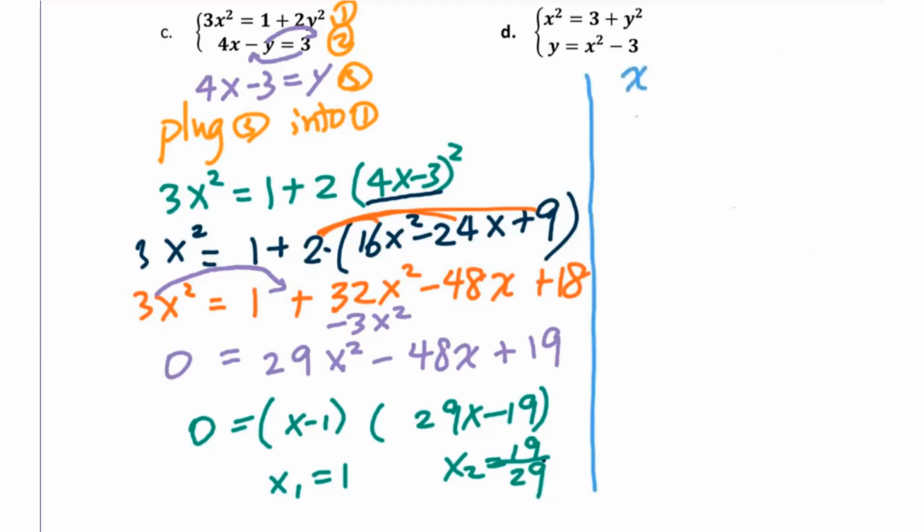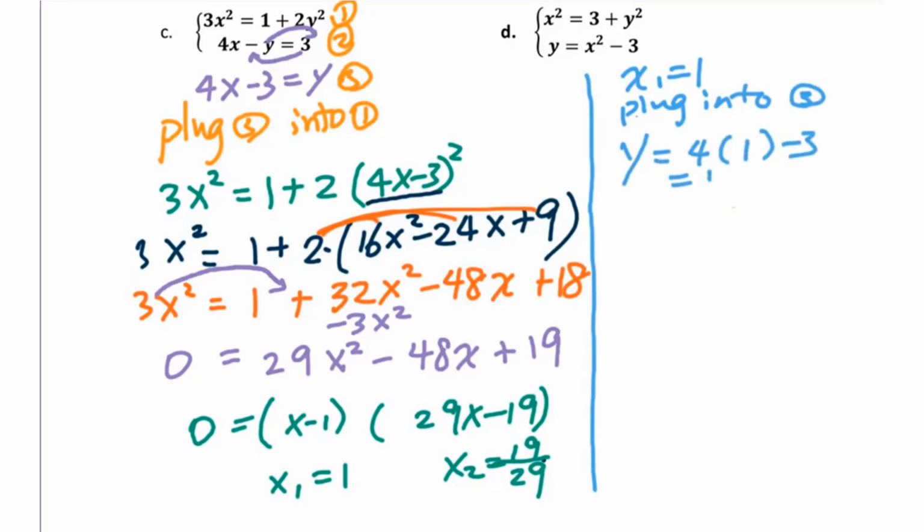Now we have x1 equal to 1. I need to plug into 3. You will get y equals 4 times 1 minus 3 equal to 1. Therefore, (1, 1) will be one of the solutions. Then we plug in x2 equals 19 over 29.